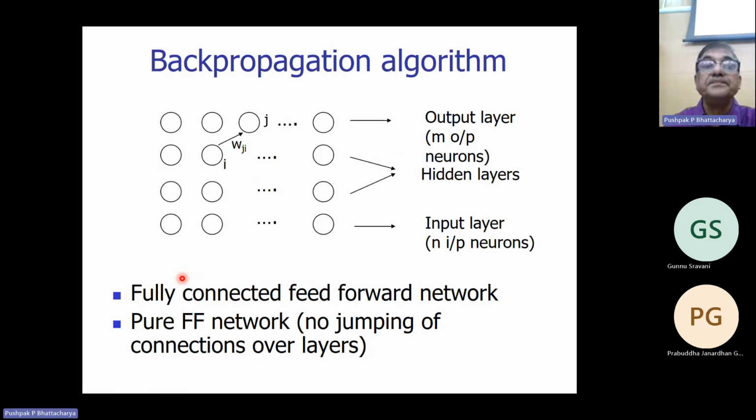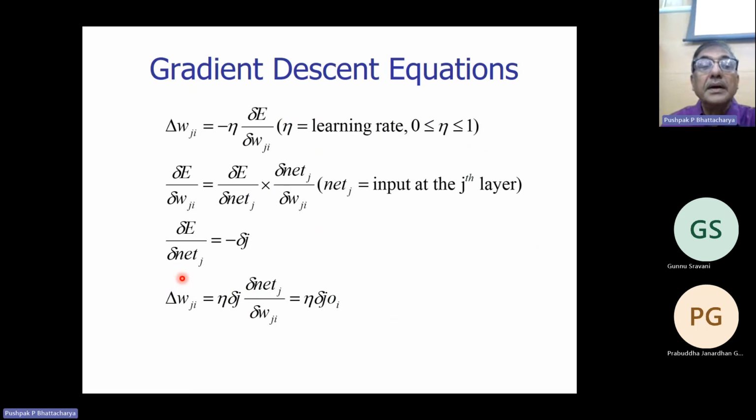Now comes the rule. The rule is that delta Wji, the change in weight, j destination, i source, is proportional to the negative gradient, the negative derivative of error E with respect to that particular weight.